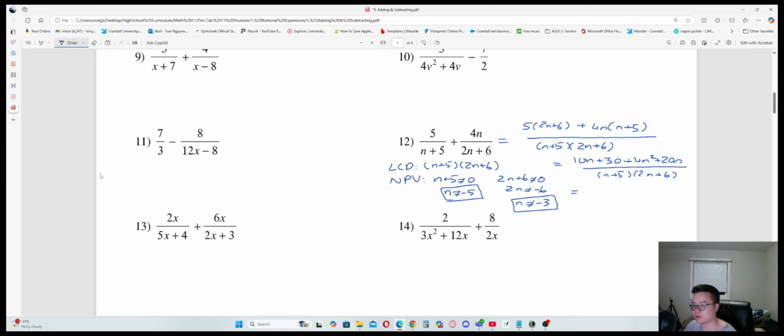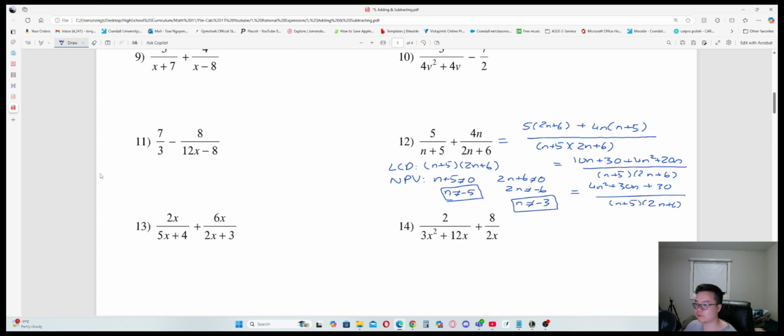Then I will start to solve by adding and also put the highest degree in the front at the same time. So what I will have is 4n squared plus 30n plus 30 over n plus 5 and 2n plus 6.